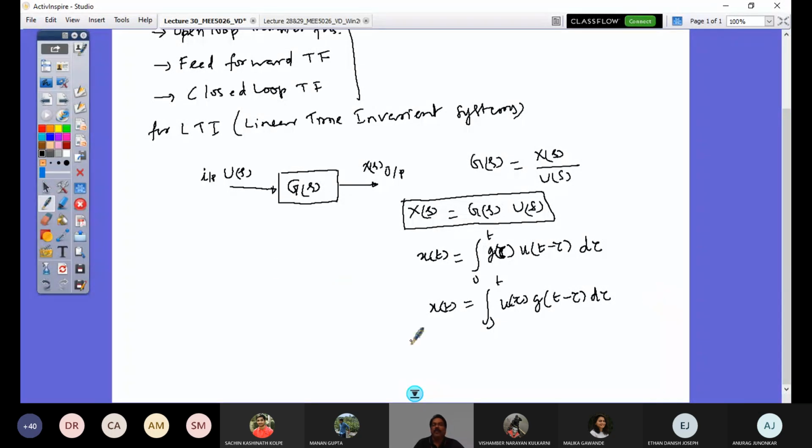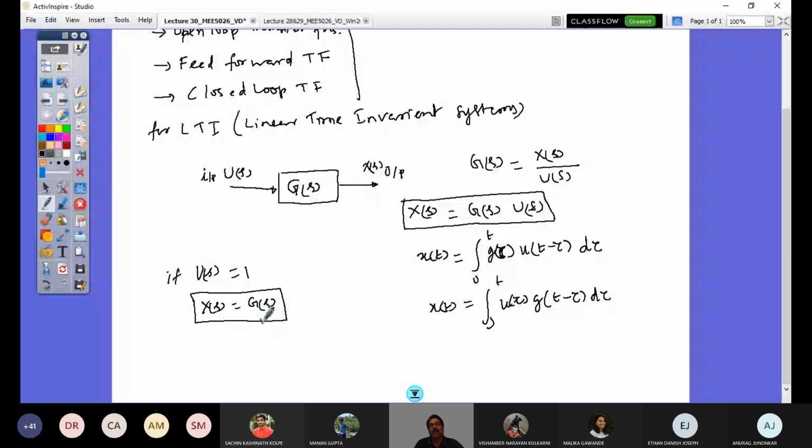So if the input U of S happens to be a unit input, right? If U of S happens to be 1, then my X of S is simply the transfer function G of S. That is what we will always do, to find out any mechanical system's transfer function, we will give a unit impulse function.